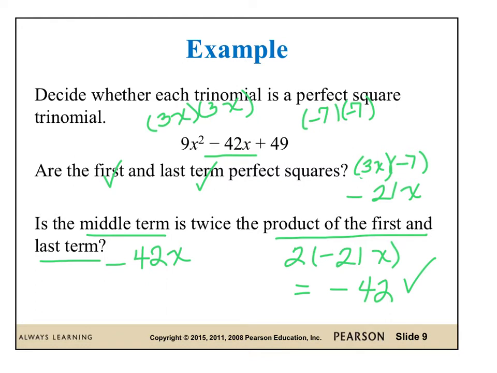So at this point, I'm actually going to pause and go back and factor all the ones that we've already determined were and weren't perfect squares. So I'm going to go backwards for a second.